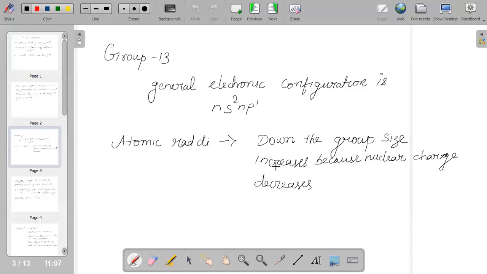When we say atomic radii and ionic radii, if we compare group 11 with group 13, we conclude that group 13 is smaller because of the increased nuclear charge. Out of Be and B, boron will be smaller. Down the group, the size will increase, and that is because of the addition of a new shell.